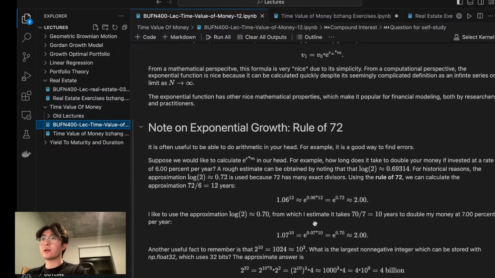For example, if we have an investment that will generate 6% return per year, then the rule of 72 suggests that it will take 12 years to double our initial investment. 72 divided by 6 equals 12.